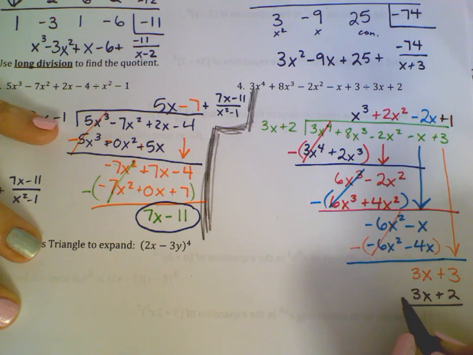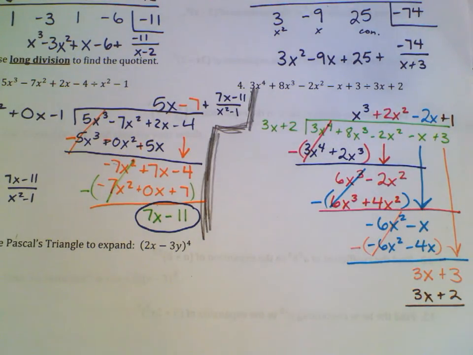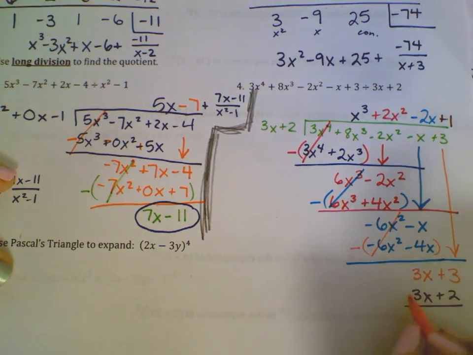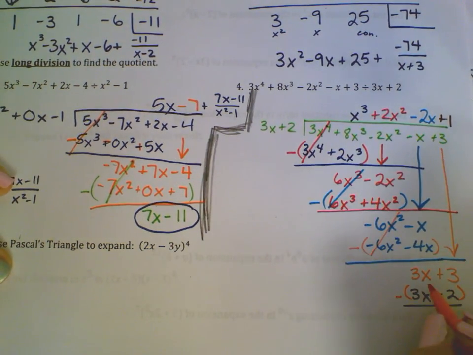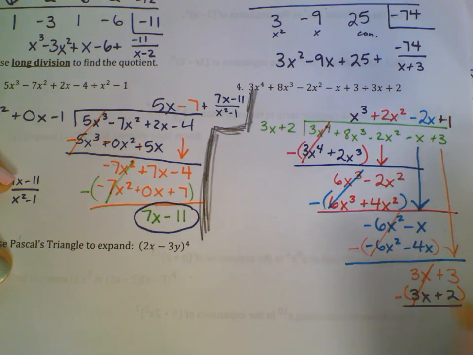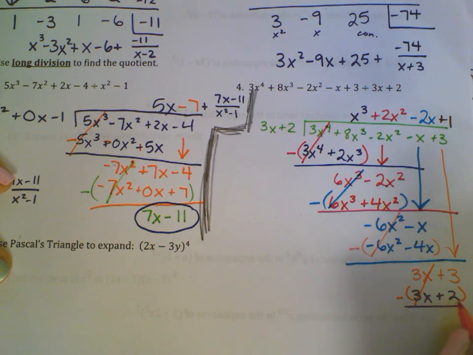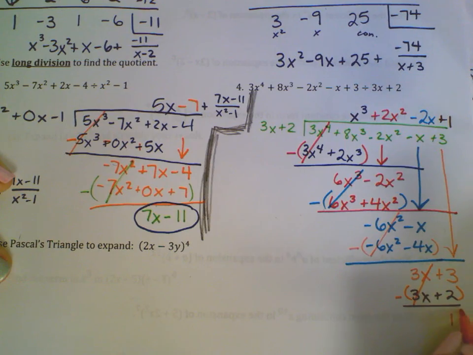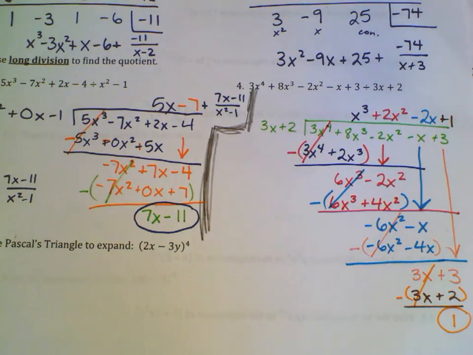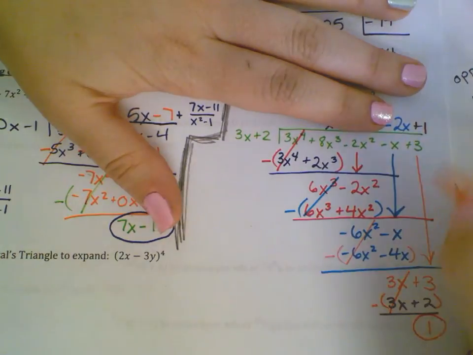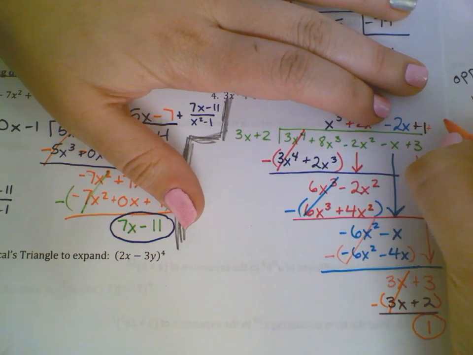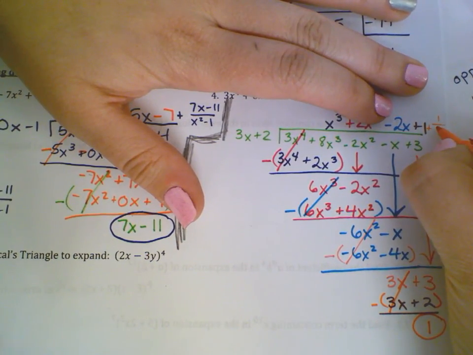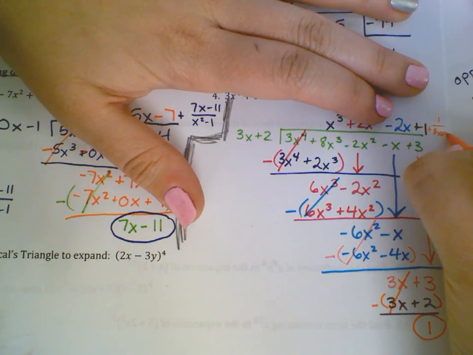And when we subtract, 3x minus 3x, those cancel. 3 minus 2 is 1. That's going to be my remainder. So I will do plus 1 over 3x plus 2.